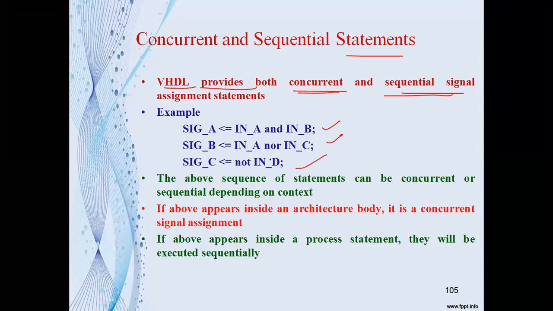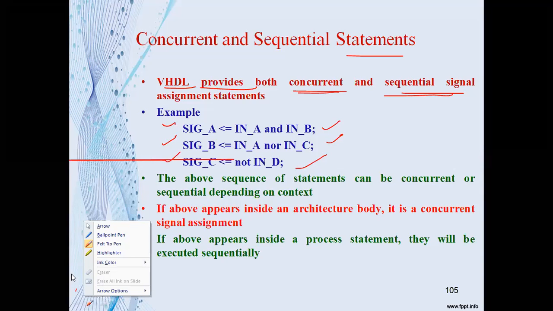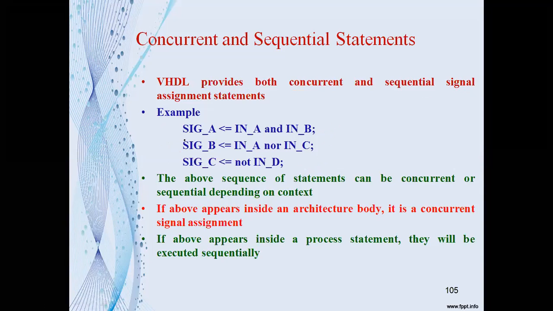We have signal A, signal B, signal C. These are the output signals because you are assigning the output to these three signals A, B, C. If you see the logic expressions at the input, in the first you have an AND operation between the A and B inputs.